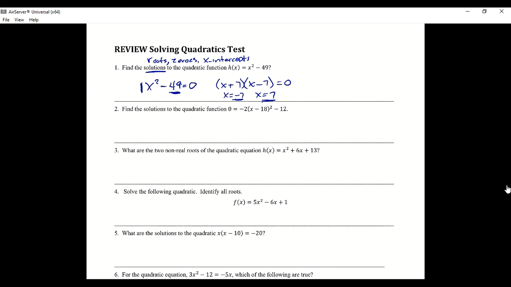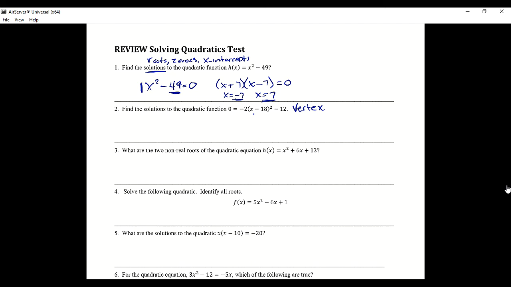Number 2, find the solutions of the quadratic function 0 equals -2 times (x minus 18) squared minus 12. Since this is in vertex form, we cannot do the quadratic formula unless we convert it to standard form. We could use the calculator, but since it's in vertex form, we can also solve it algebraically.